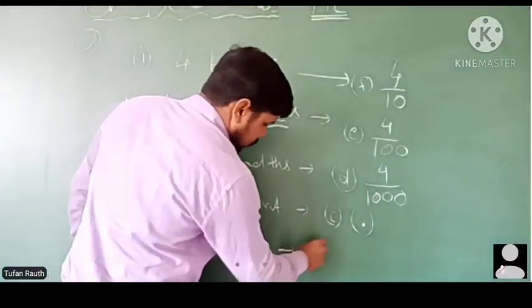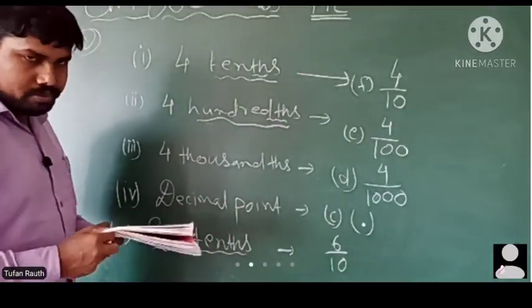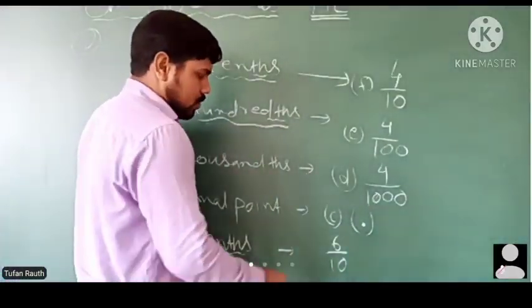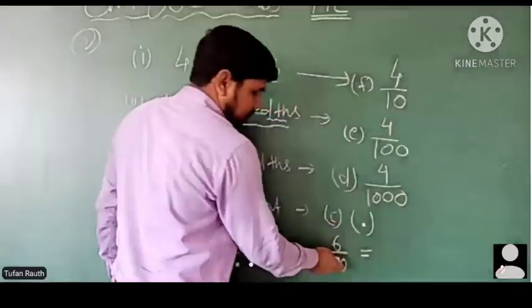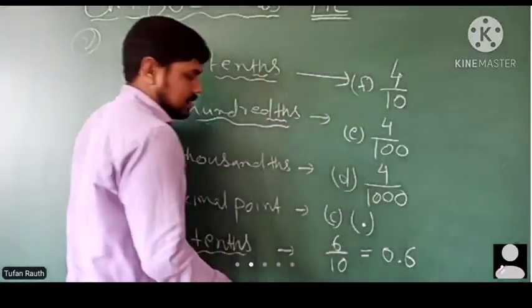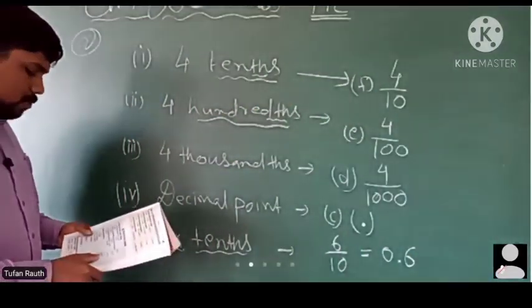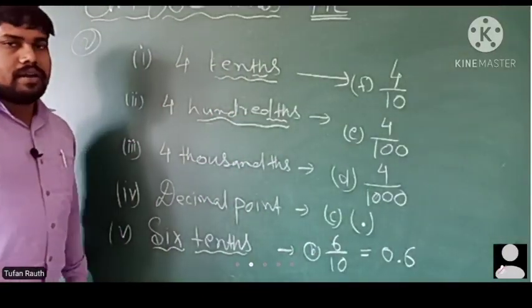There is no option for 6 divided by 10, but if you convert this into decimal, it will be 0.6, right? So 0.6 is option B, and this will be matched with option B.